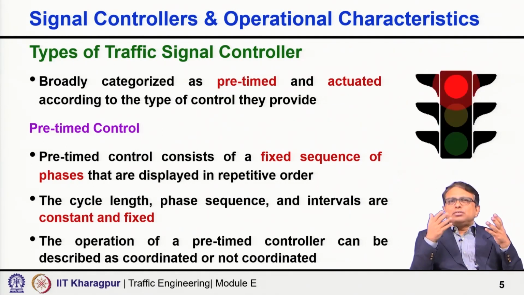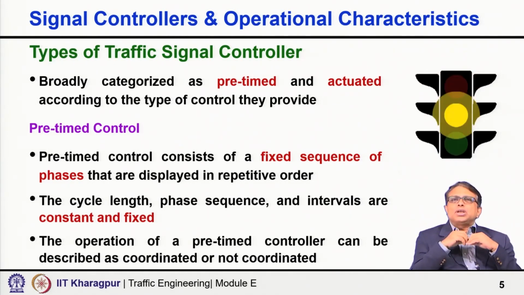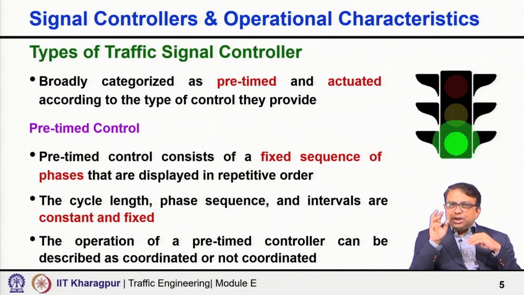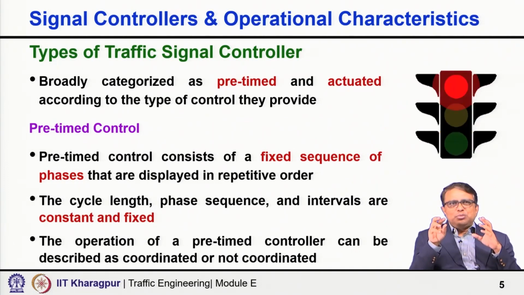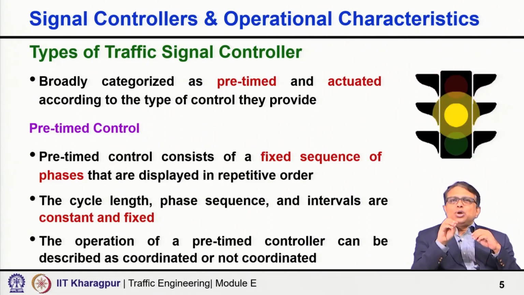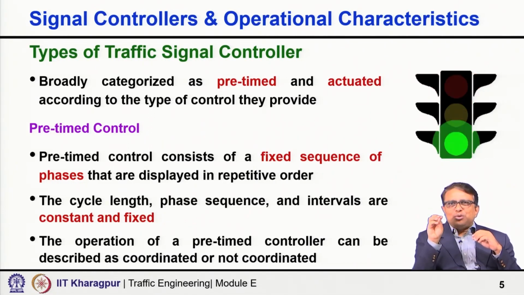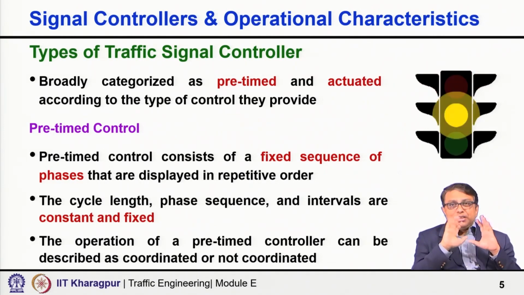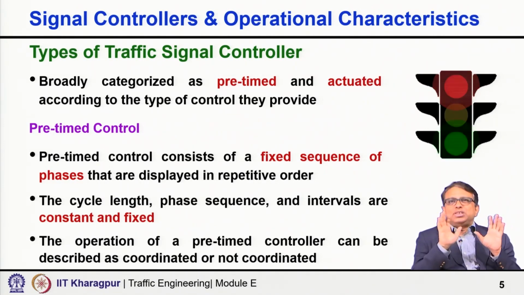Typically, we can carry out traffic volume studies, measure the traffic volumes and identify the morning peak hour, and based on that measured traffic volume, we decide what will be my cycle length, how many phases there will be, how much green time will be given for every movement or every phase. And then that we do not change.